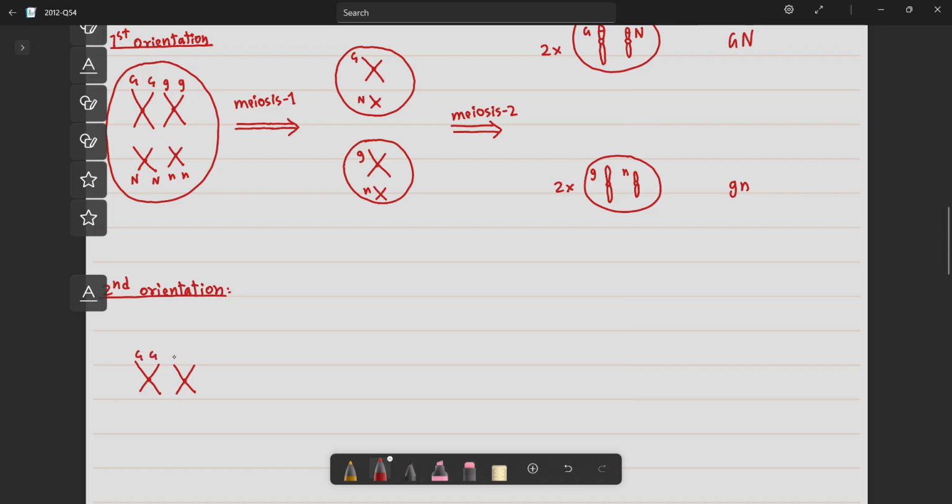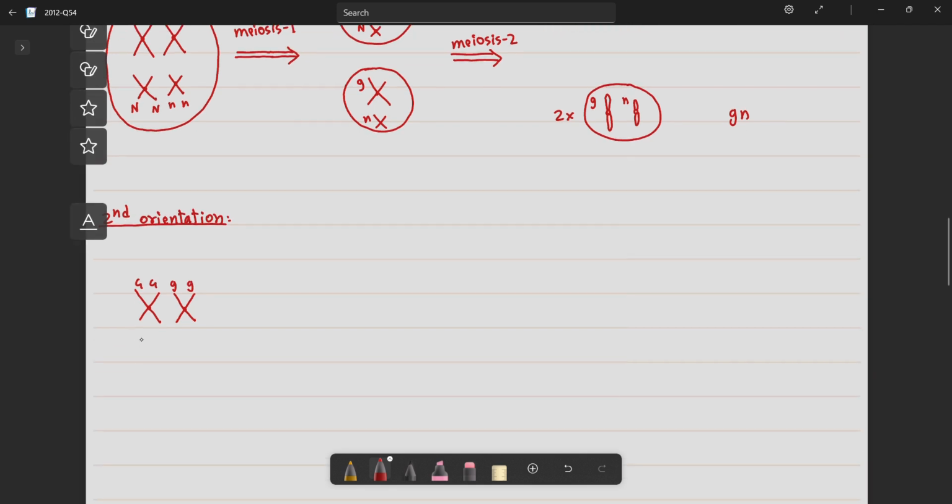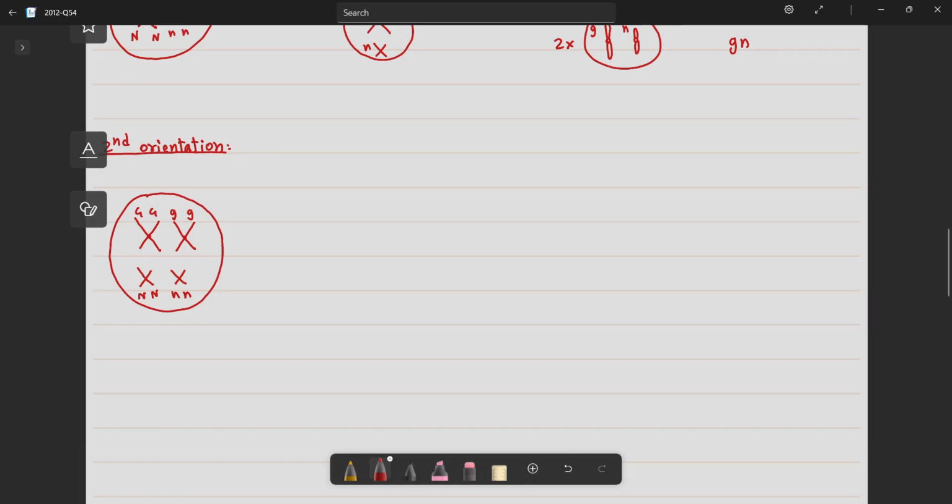So I have this G and small g, which are homologous to each other, and then the other chromosome that carries the gene for N. This is the parent cell that will undergo meiosis.